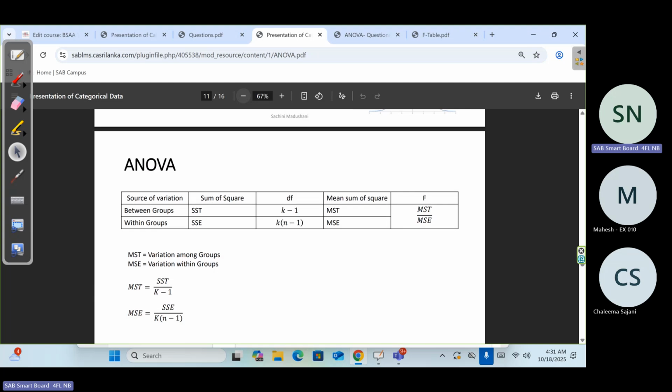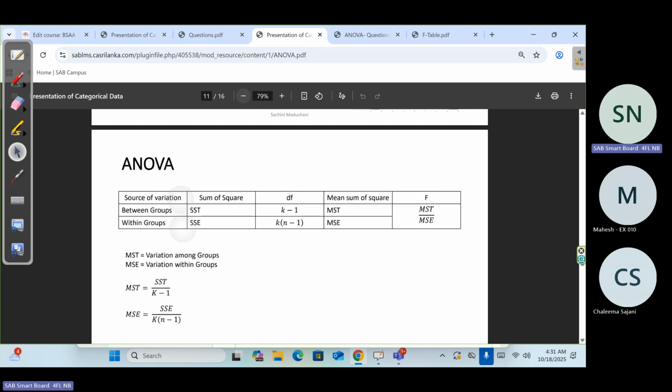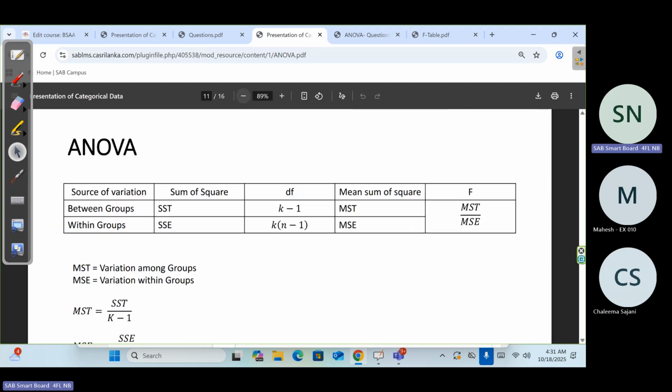I'll explain that there are two sources first. First you need to mention the source of variation. Understood? Then first we write down between groups. Secondly we write down within groups. Then here you need to find out the sum of squares value. In the exam I will give that sum of squares value. No need to calculate it.